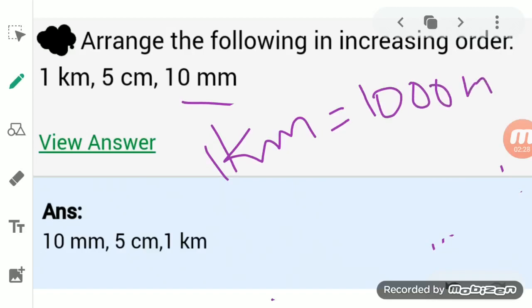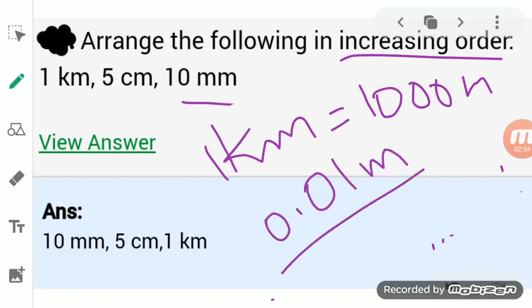So by this we come to the conclusion that the kilometer, since it is a higher unit, a multiple unit, has more value. Since we have to write in increasing order, we will start by writing the smaller one. Okay, so 10 millimeter, the value is equal to 0.01 meter, which is smaller than the others.